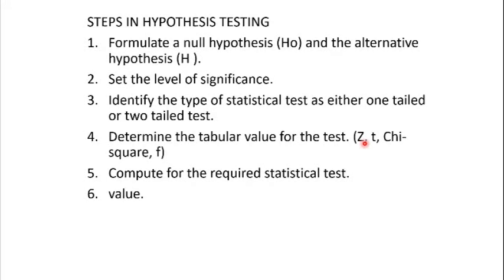And sa susunod, madidiscuss na rin natin yung chi-square and the F distribution, aside din sa normal distribution. So, next is, after natin ma-identify, based din sa tabular value for the test, we need to compute the required statistical test. Ayun. And then, sunod is yung value na din sa mismong, based din sa computation natin.